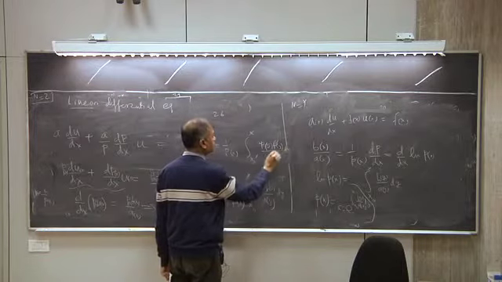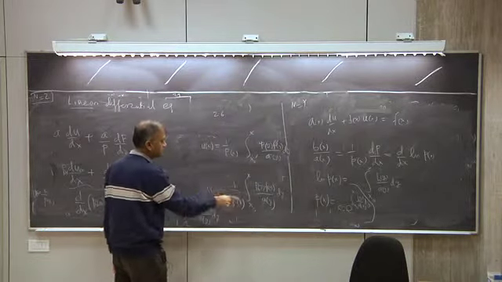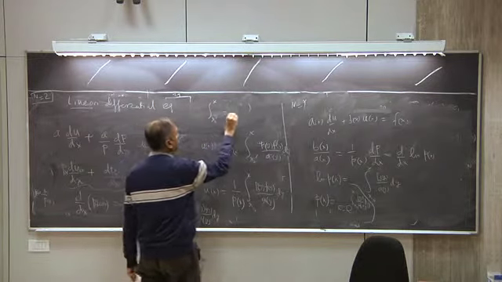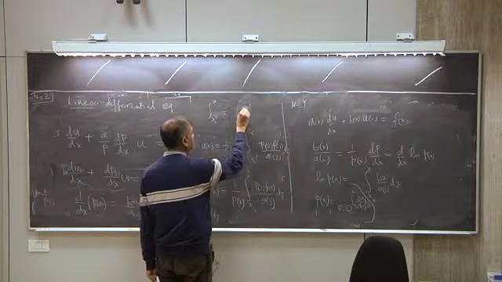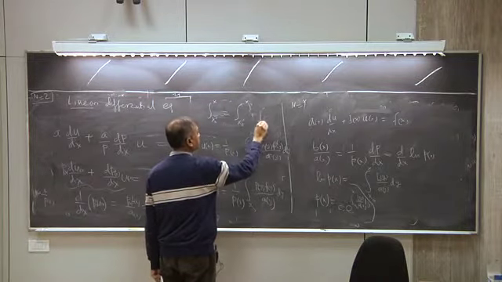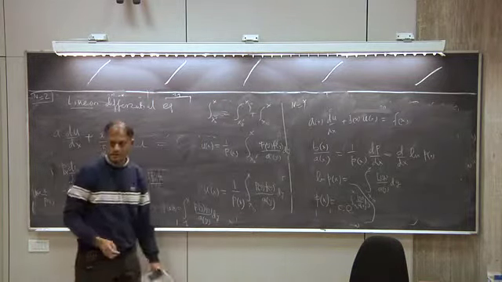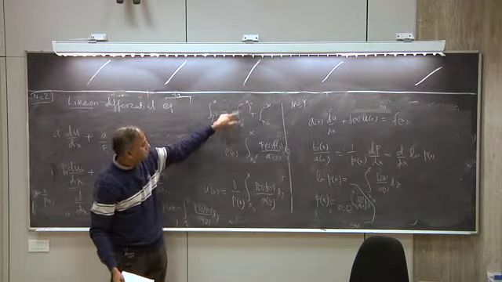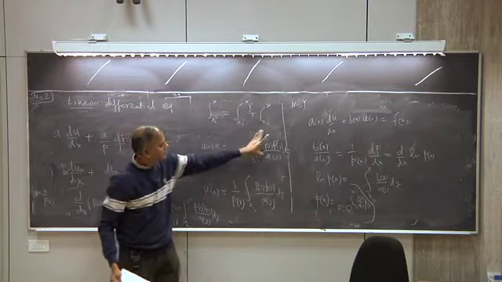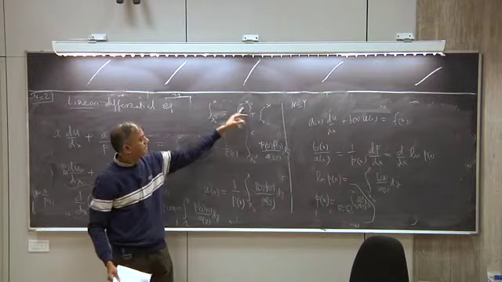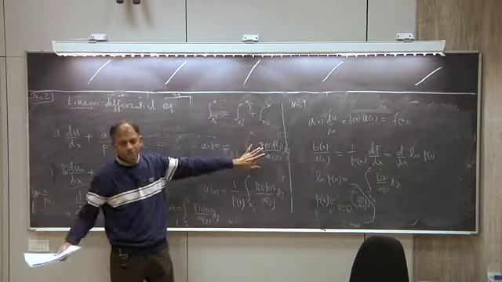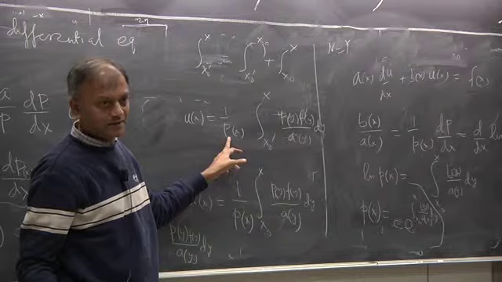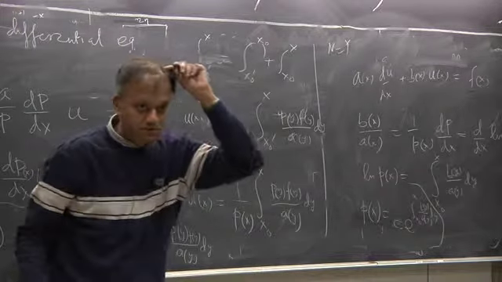I can write the integral from x naught prime to x as the integral from x naught prime to x naught, plus the integral from x naught to x. This part gives you back the original solution. But the integral from x naught prime to x naught does not depend on x, so it is some number, and some number divided by p of x is a homogeneous solution. 1 over p of x is a homogeneous solution.